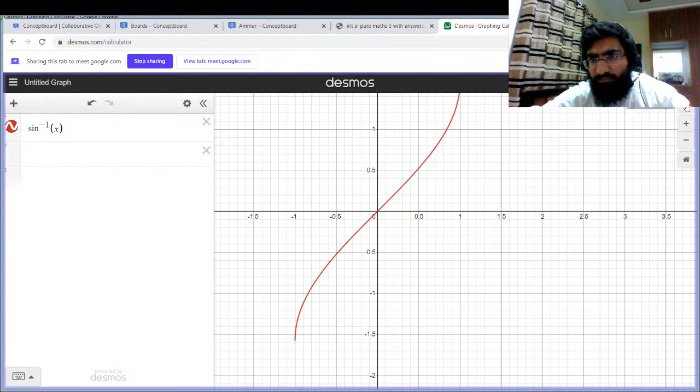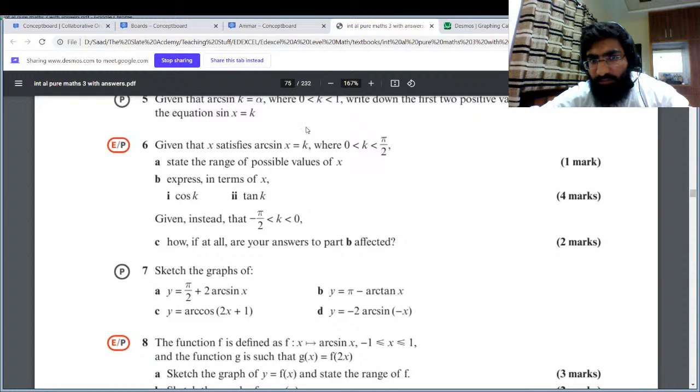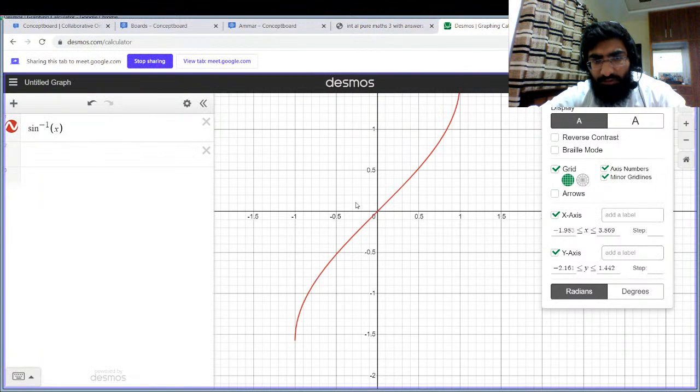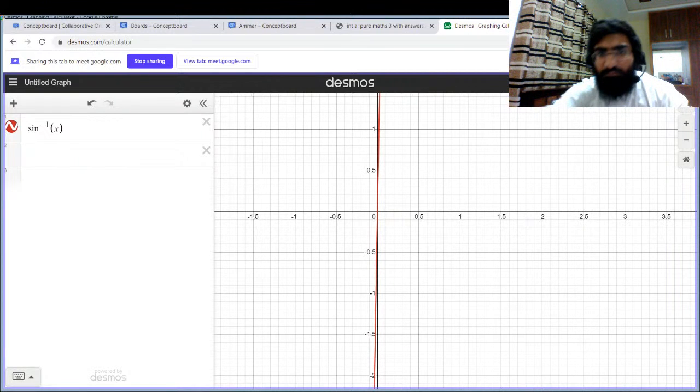Is the 2 in the bracket or outside the bracket? Outside the bracket, then it would be stretched vertically by 2. So the same values, we'd get at twice. Let me first change it to radians.